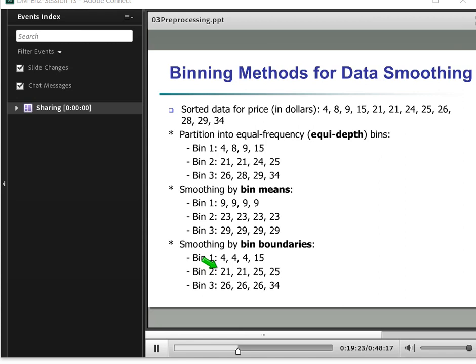So I can smooth the result using 4, 4, 4, and 15. The second one, the lowest value is 21, so 21, 21, 21, 25, and the third being 26, 26, 26, 34.